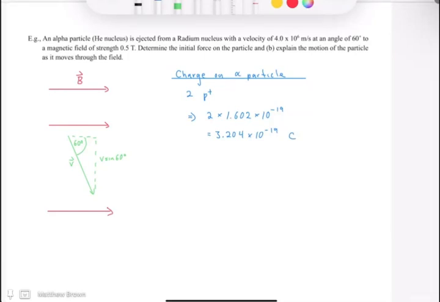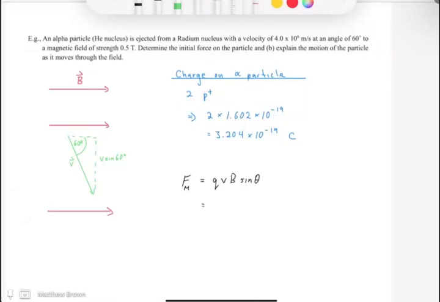And then if I consider the equation that I actually need to get the magnetic force on this thing, it equals QVB sine theta, or I guess just QB V sine theta, since that's sort of the way I indicated it over there. And I'm given everything else, right?